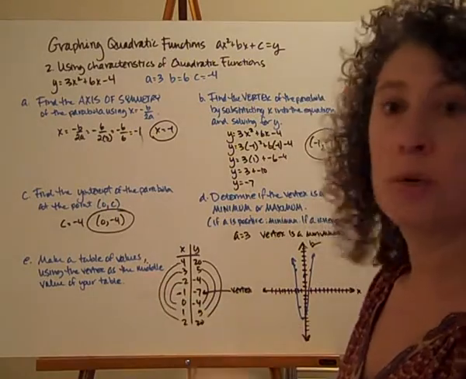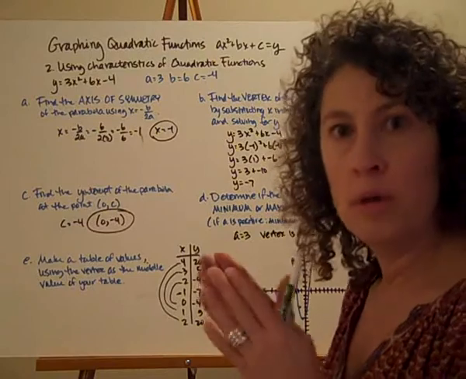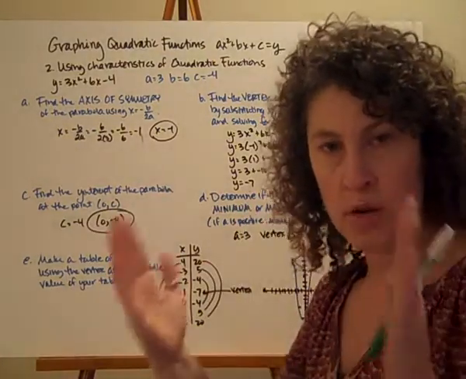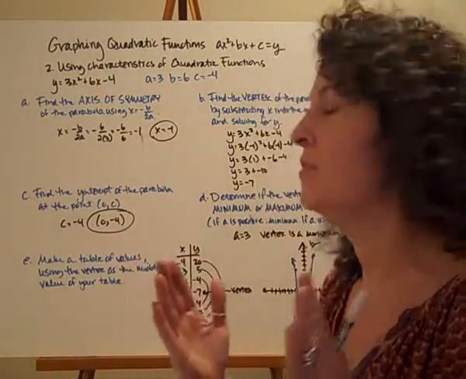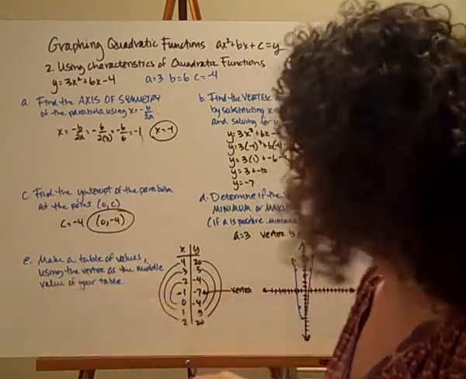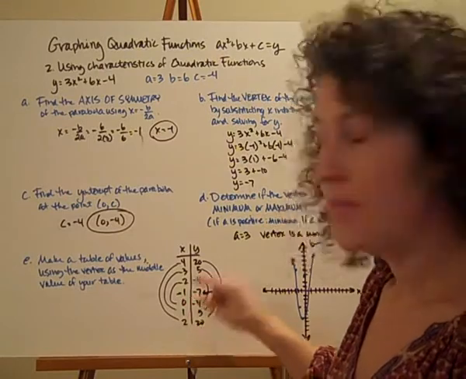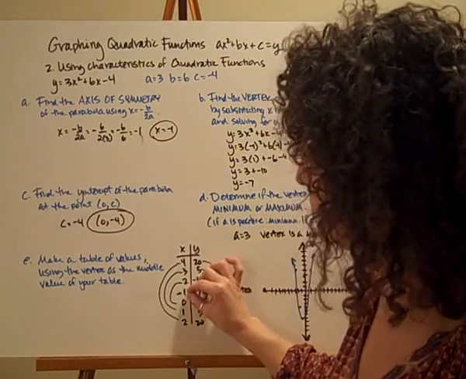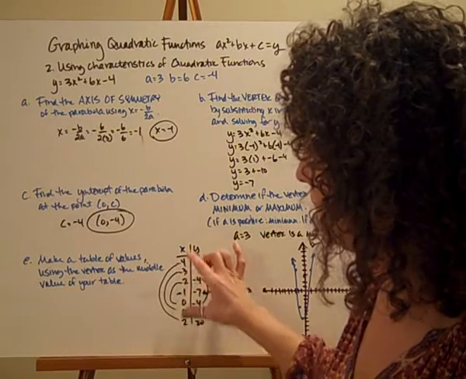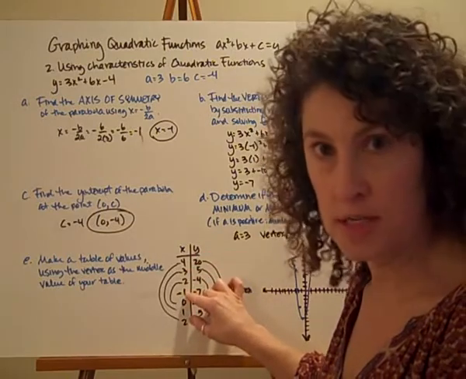And the last thing we're going to do is go back to making a table of values. However, now we know that the table of values will show us the symmetrical two sides of our parabola. So I'm going to use the vertex as the middle value in my table. So here's my vertex in the middle of my table. And then I'm going to pick x values that are at equal intervals away from my vertex here.